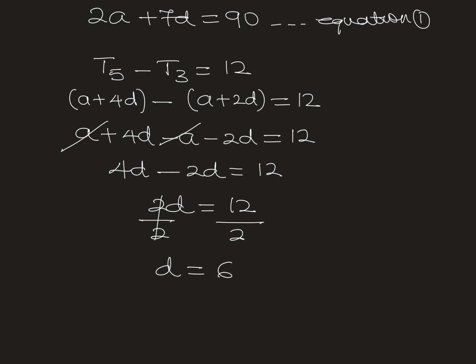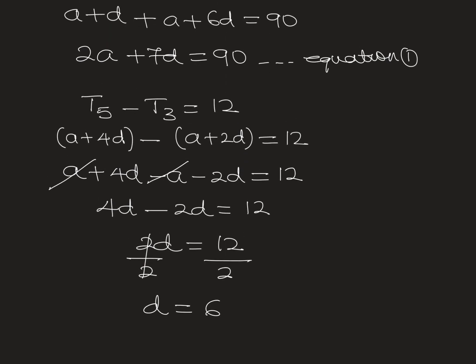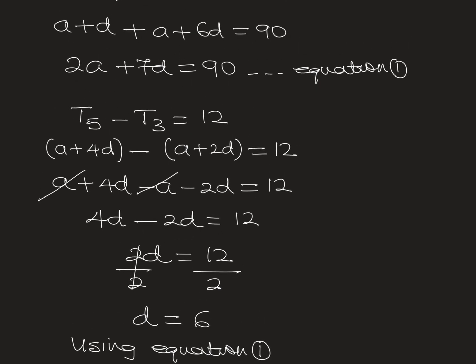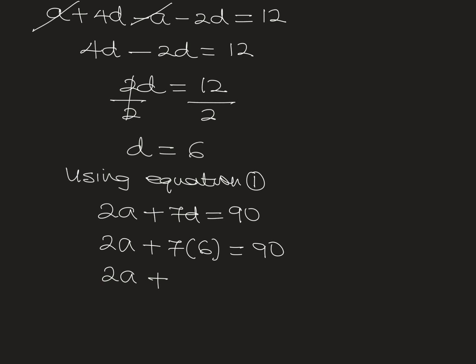Now with D being 6, I'm going to use equation 1 to be able to find A. What is equation 1? 2A plus 7D is equal to 90. So that will be 2A plus 7 times D, which is 6, equal to 90. 2A plus 7 times 6, which is 42, equals 90.